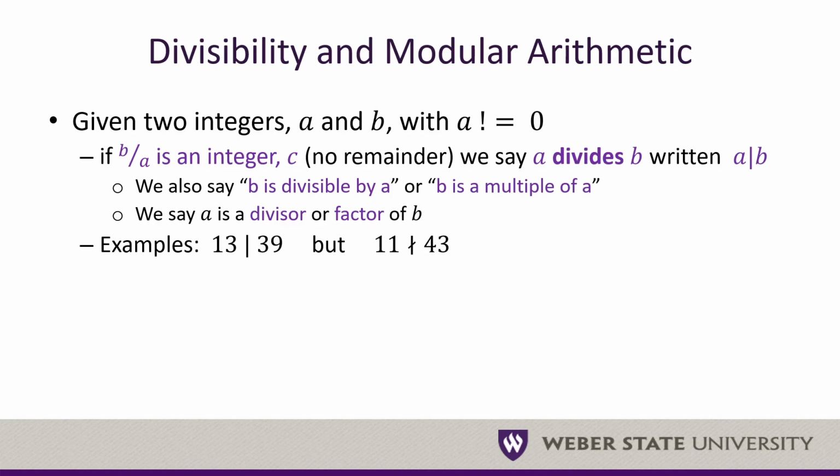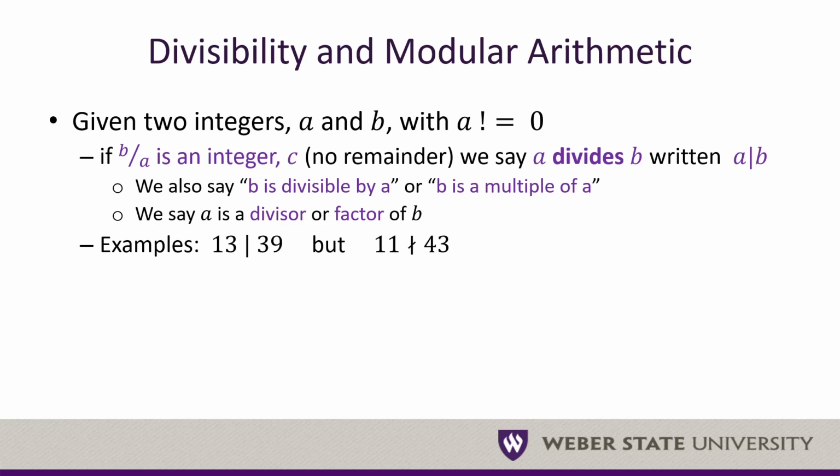As an example, 13 divides 39, and 11, well, 11 doesn't quite divide 43 because the result I get there is something just a tiny bit less than 4. So 11 does not divide, and we just draw the line through. The symbol that I have on the keyboard is not quite as good. The little line going through the operator is not very big.